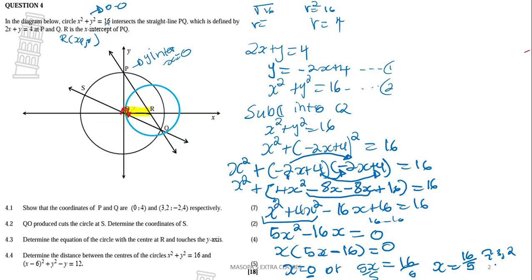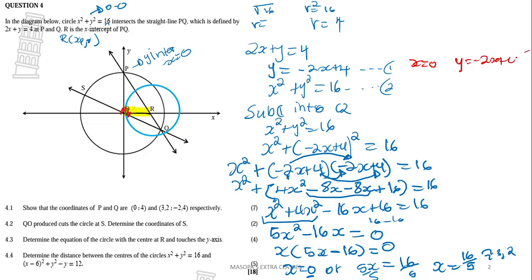Now to get the y values of P and Q, you can substitute your x values into one of the equations. For instance, let's substitute x equals 0 into equation 1, because it's simple. So equation 1 says y is equal to negative 2x plus 4.